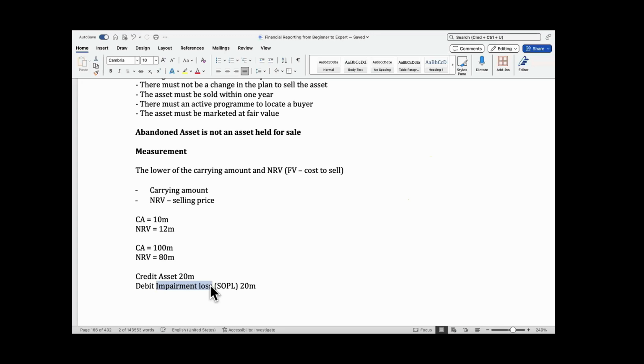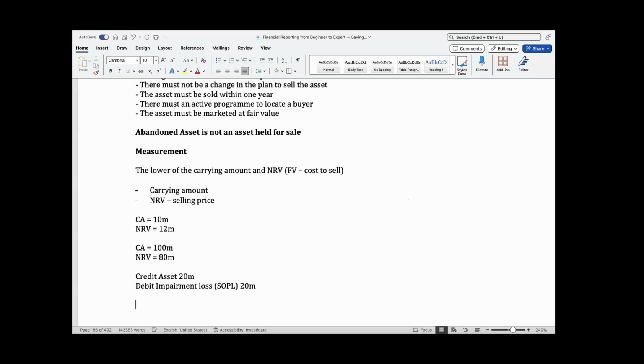IAS 36 has allowed IFRS 5 to call this impairment loss just for this purpose. So it is allowed here. That's the major part of how you measure a non-current asset that is held for sale.